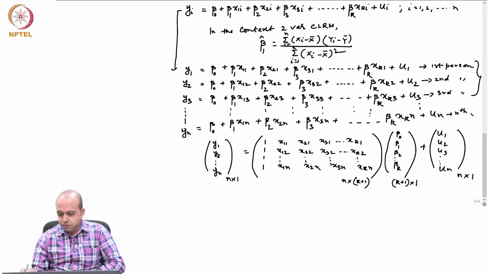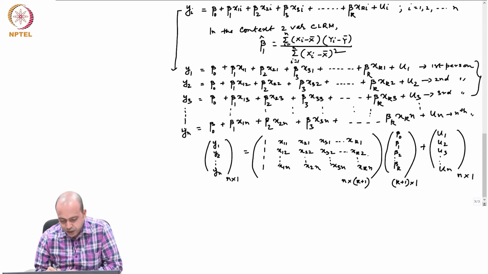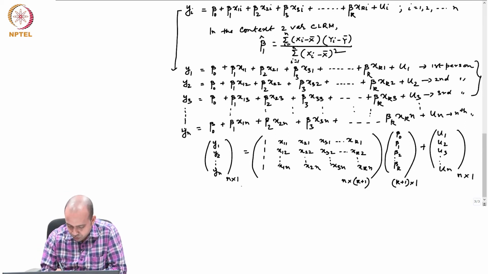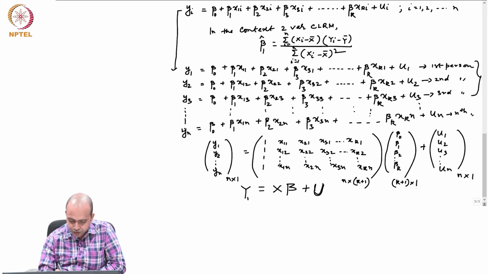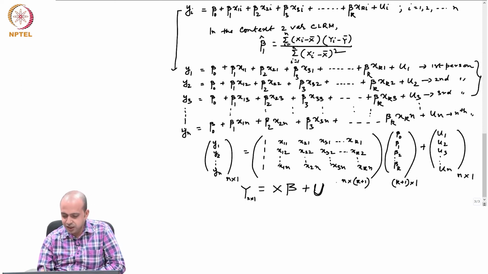Now, what we can write in a more compact form is y equals X beta plus u, where y is an n cross 1 matrix, X is an n cross k plus 1 matrix. All these columns, including the column of ones, constitute the X matrix.